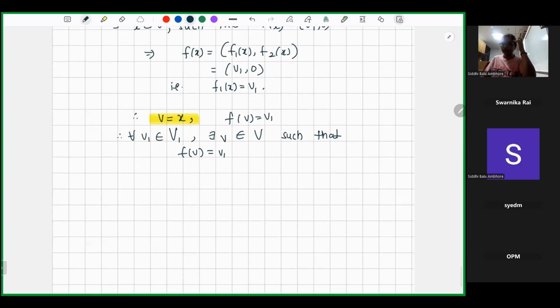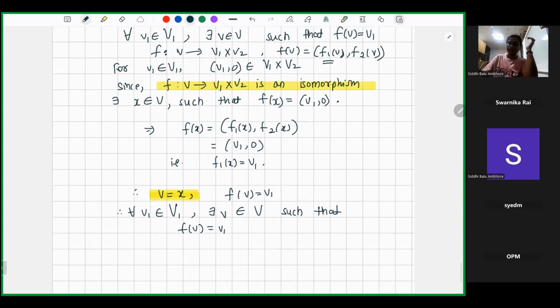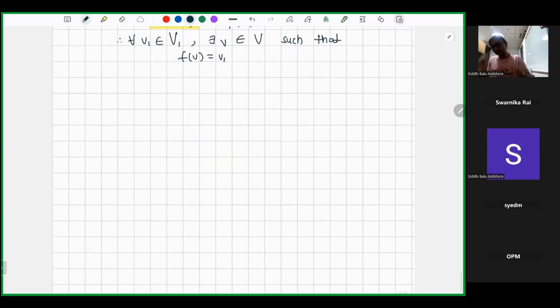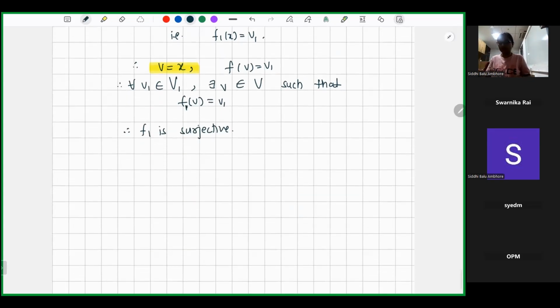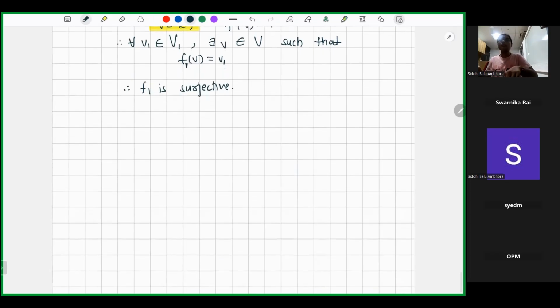So we just proved that F1 is a surjective map, because for every element I could find the pre-image. Do you have any doubt?